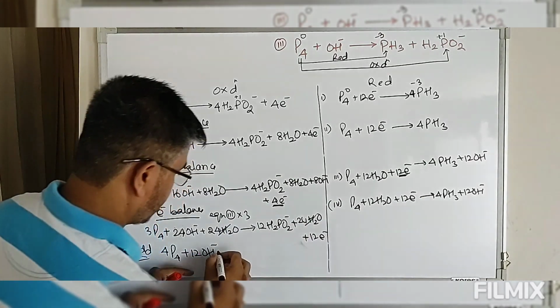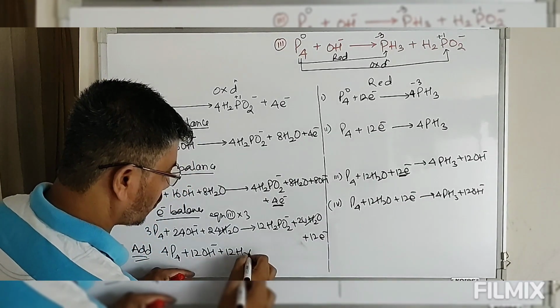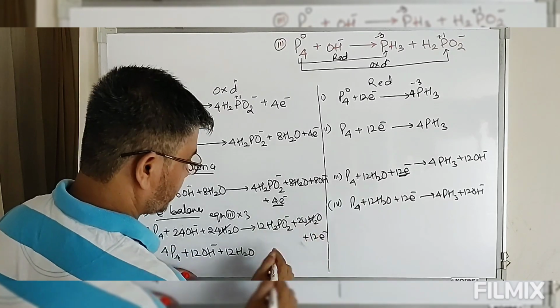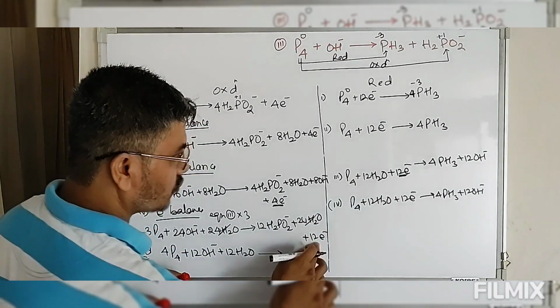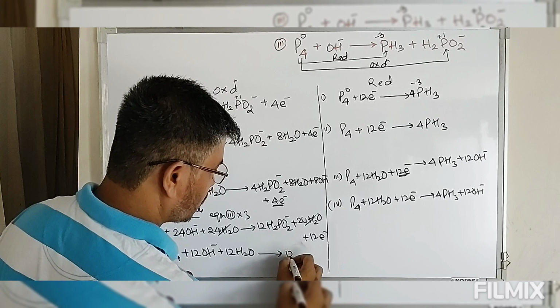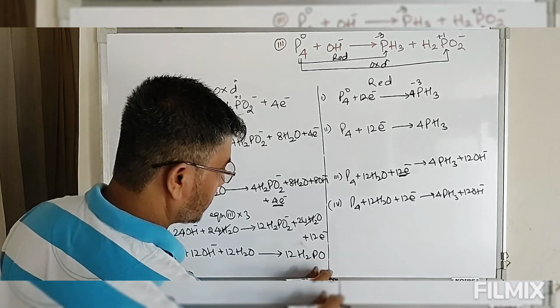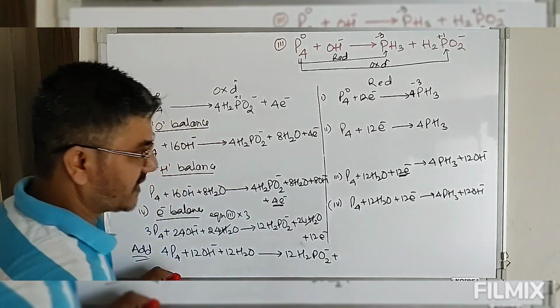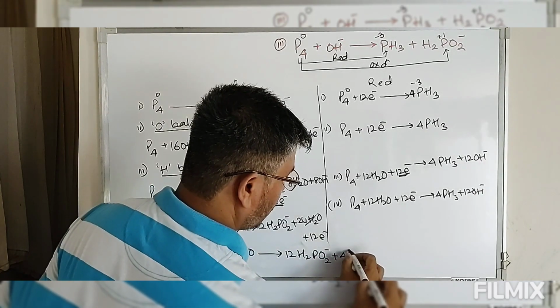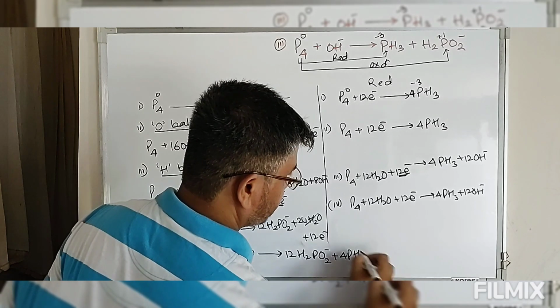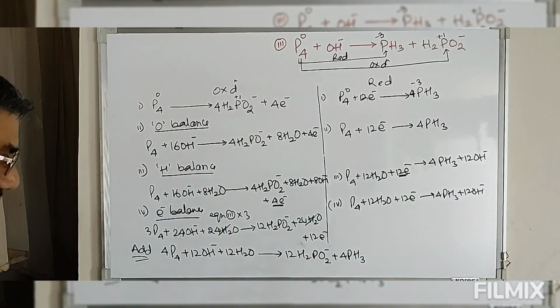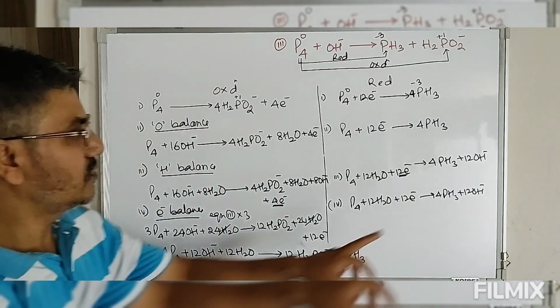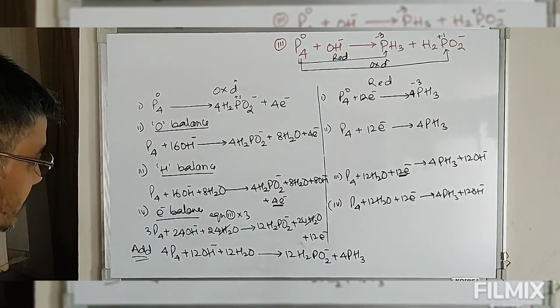Then we have 12 H2O on the left side, and here 12 H2O. These cancel out, so we have 12 H2PO2⁻ plus 4 PH3. This is what is left. So this is cancelled, so let's cross check.